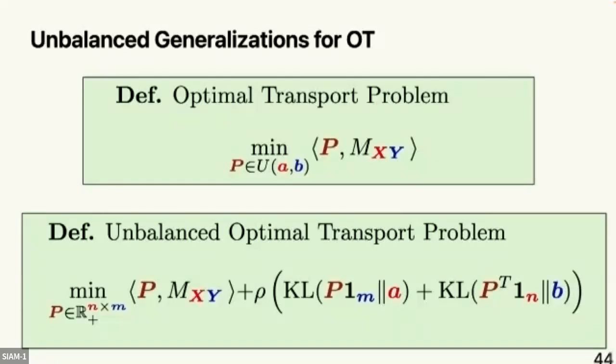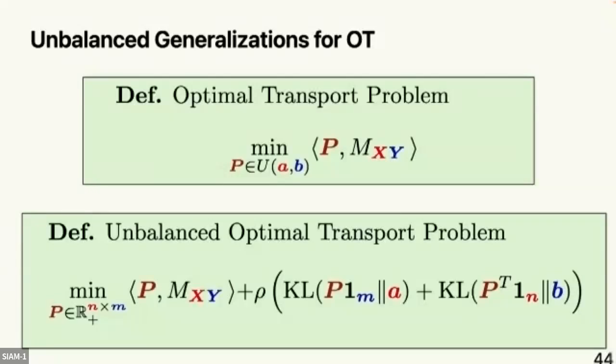It turns out that you can relax that constraint to something that is less hard and more like a soft constraint. A very natural, intuitive way to do this would be to say, well, rather than having the row sums and column sums match this, why not introduce this Kullback-Leibler relaxation? In essence, rather than saying that this is equal to A and this is equal to B, why not just add in the objective something that measures the penalty, the gap in the Kullback-Leibler sense.